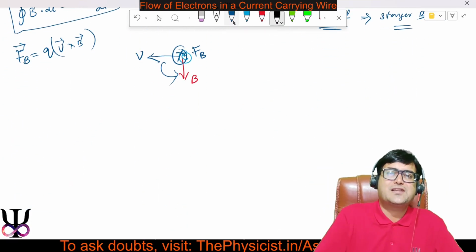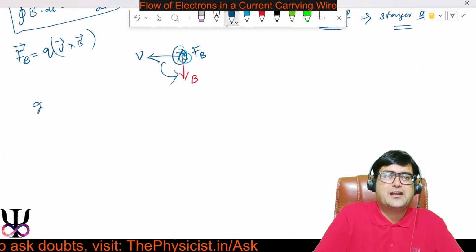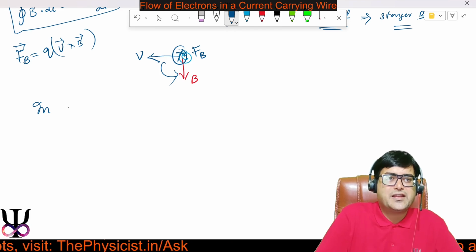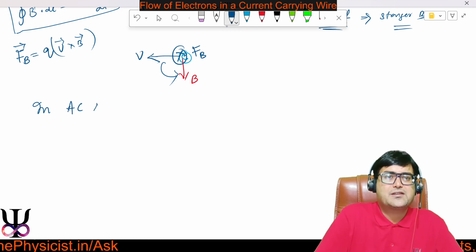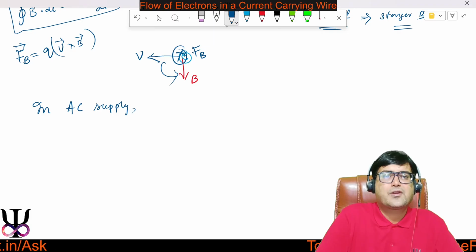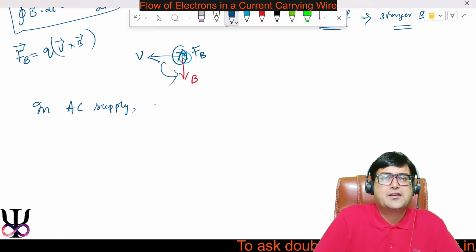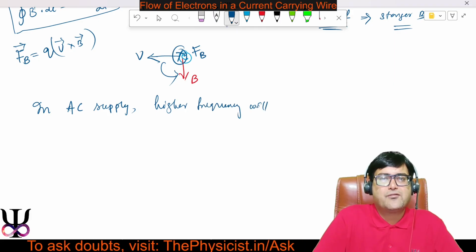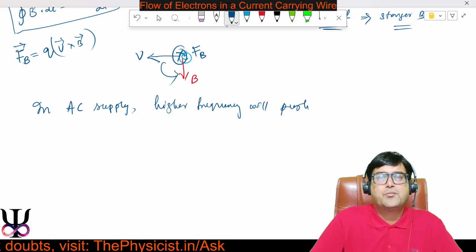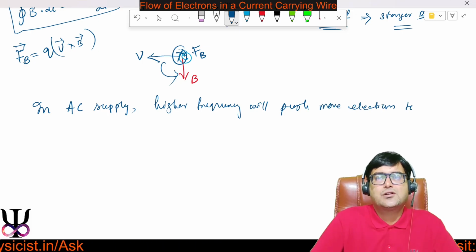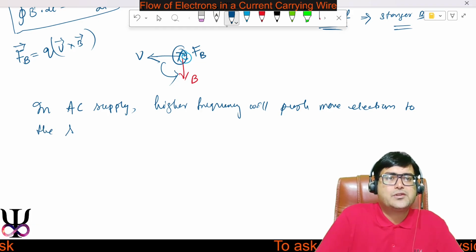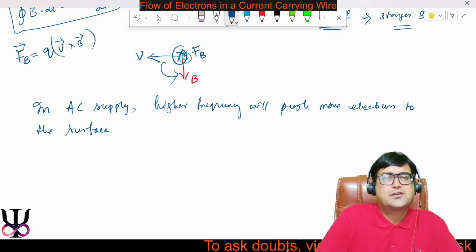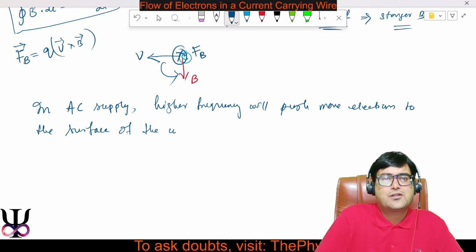So we can understand now that in an AC supply, a higher frequency will push more electrons to the surface of the wire.